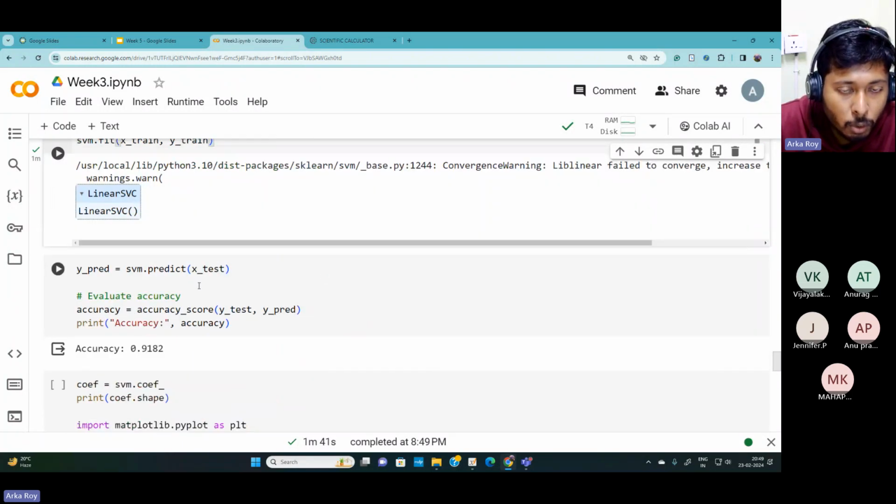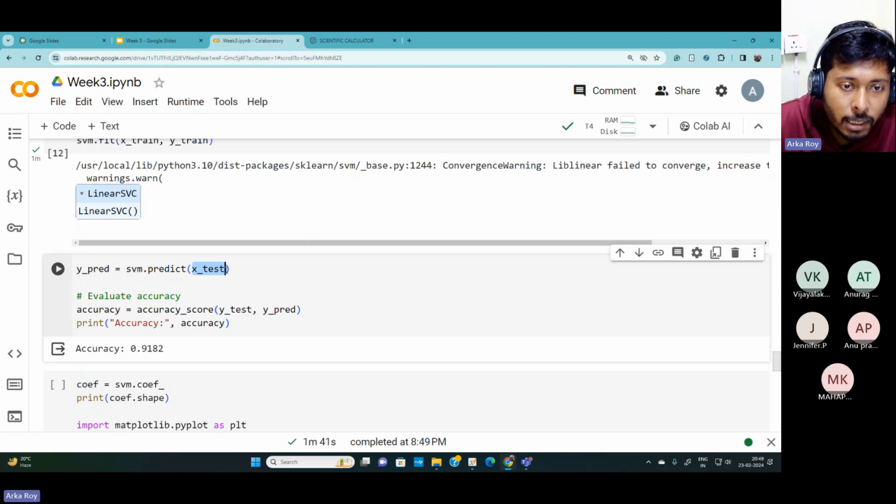After you train the SVM, let us check the classification accuracy. You will feed the test images into the trained SVM. For predicting, you will write svm.predict on top of the test images.